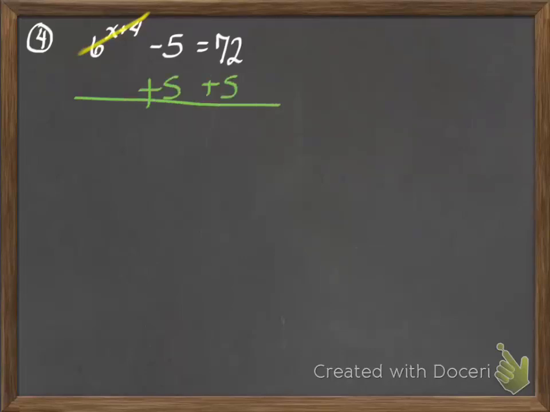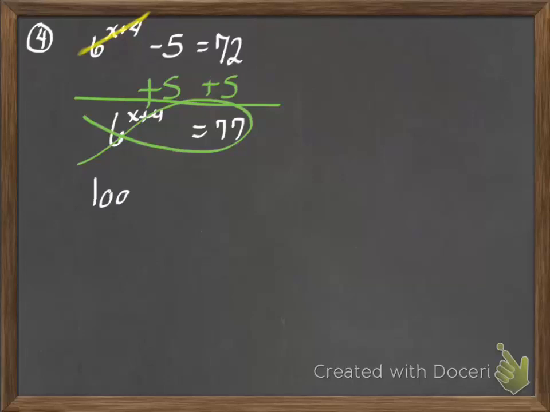Now this time, will that 5 change the number? Yes. And that will become? 77. So 6 to the x plus 4 equals 77. What do I do next? You fish it. And so we end up with log base 6 of 77 is equal to x plus 4.